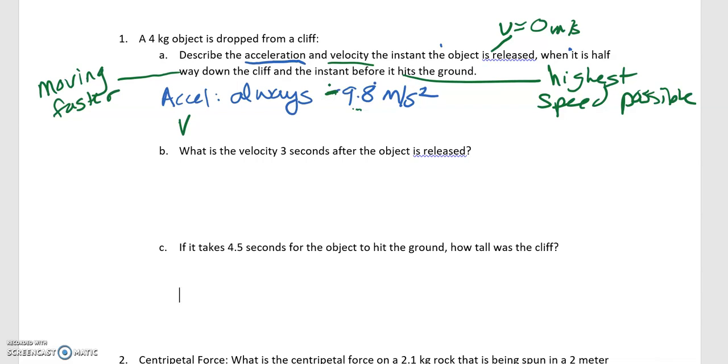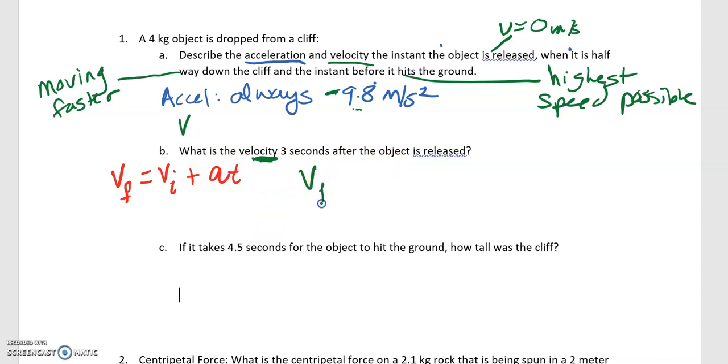Now part B, this one is actually a computation one. What is the velocity 3 seconds after the object is released? So from our formula sheet, we have a formula that says our final velocity is equal to our initial velocity plus acceleration times time. Well, we're trying to find what is that final velocity.